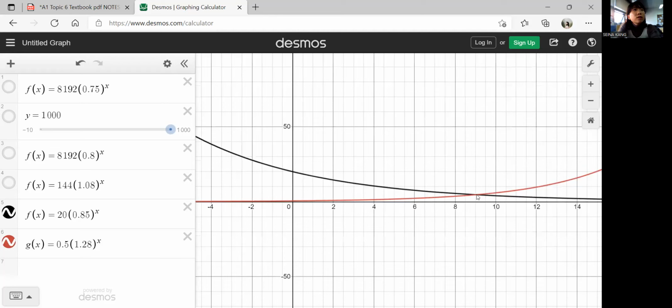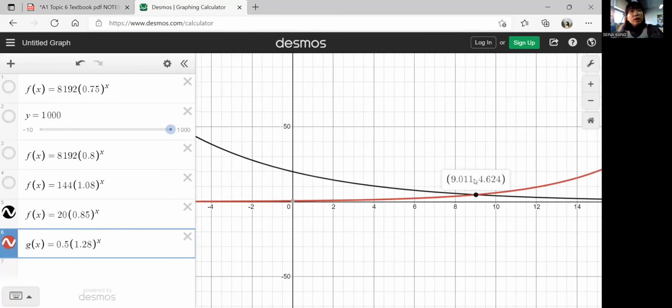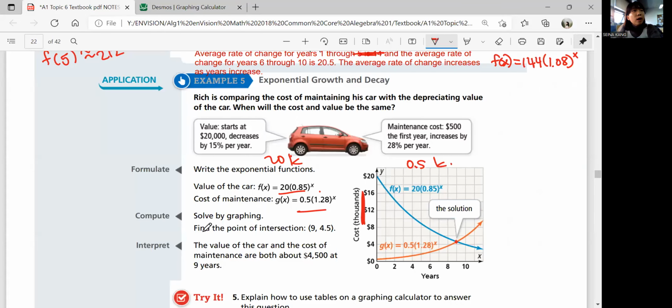Okay, and we want to figure out the intersection point, which is 9.011, 4.624. And that's when the cost and value are the same. They are both about 4K and 624, so about 4,500, at about 9 years.